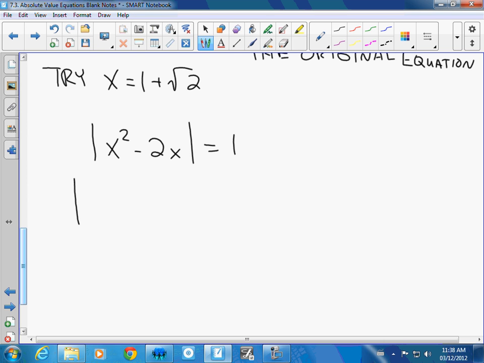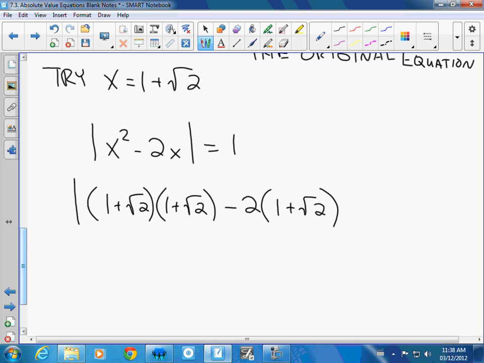Would that make it easier? Yeah, sure, why not. So basically 1 plus root of 2 times 1 plus root of 2. Isn't that x squared? Yeah, we take whatever x is and we square it. Minus 2 times what's x again? 1 plus root of 2. Oh, goodness. Equals 1.